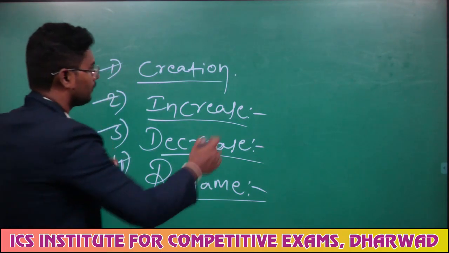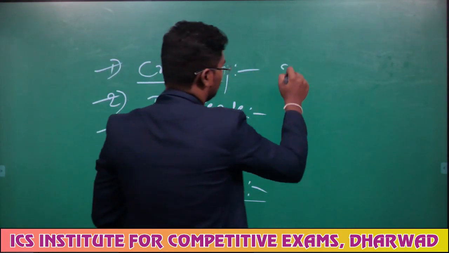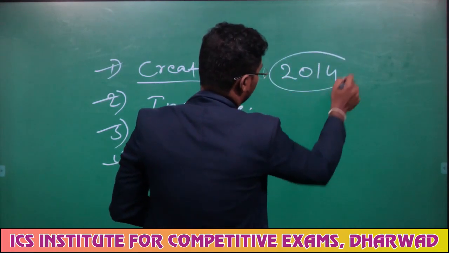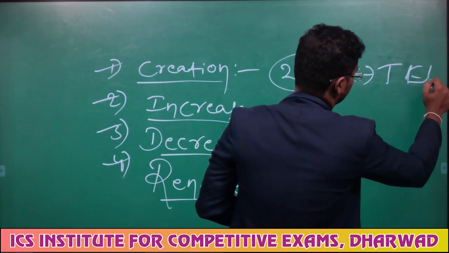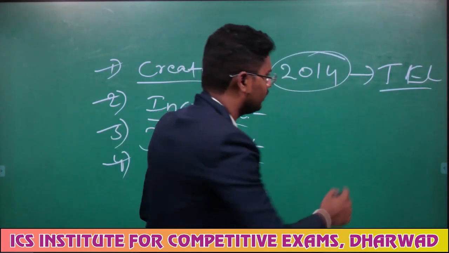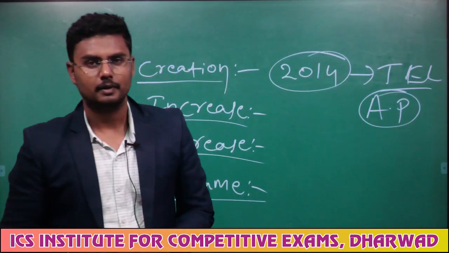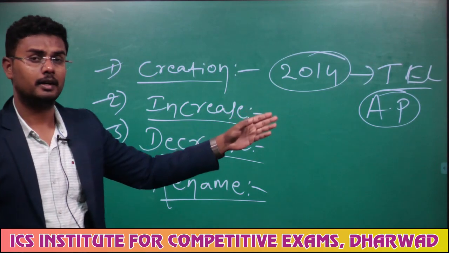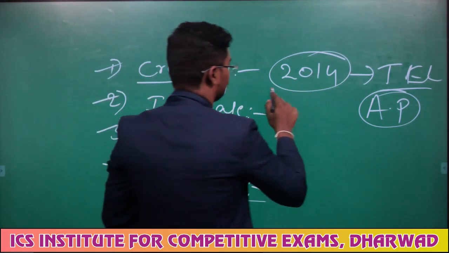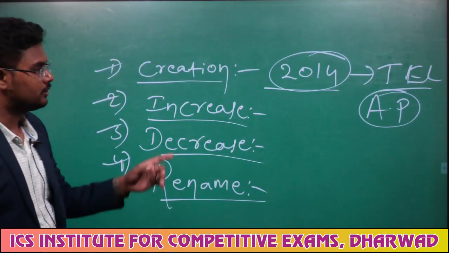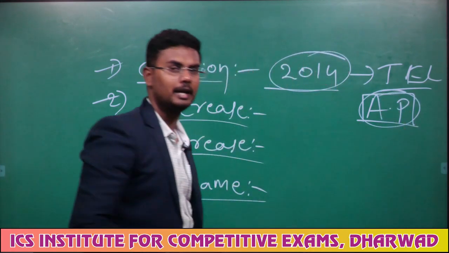For example, with respect to creation, as recent as in the year 2014, Telangana was created. Telangana was created out of Andhra Pradesh, right? So till 2014, Telangana as a separate state was not in existence. In the year 2014, the government of India amended the constitution and broke away Telangana from Andhra Pradesh.